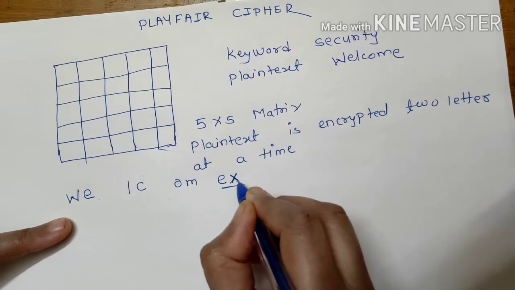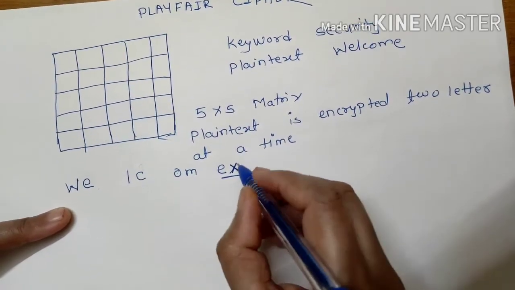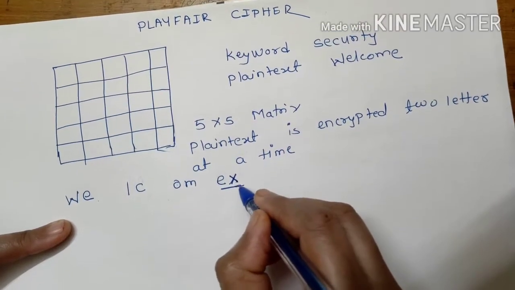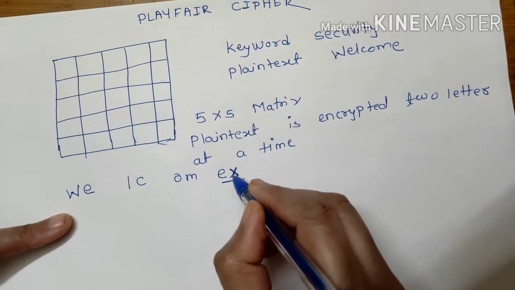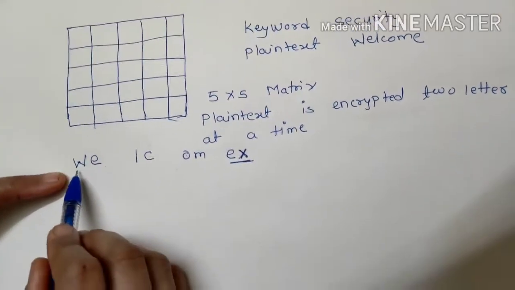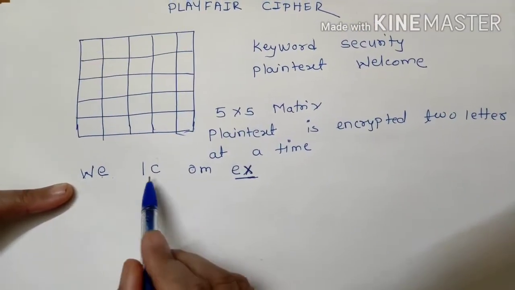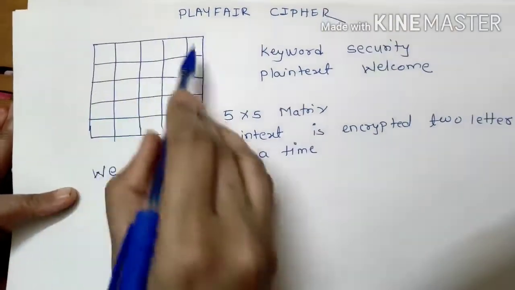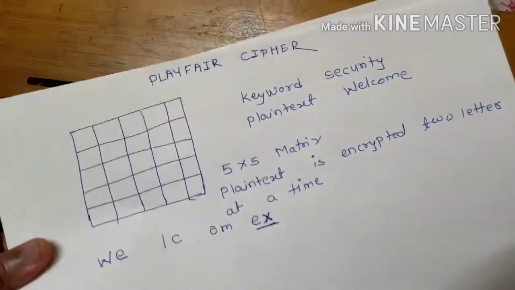The filler used is X. Every time if your pair is not going to form, then fill that blank space with X. So our plain text is WELCOMEX.